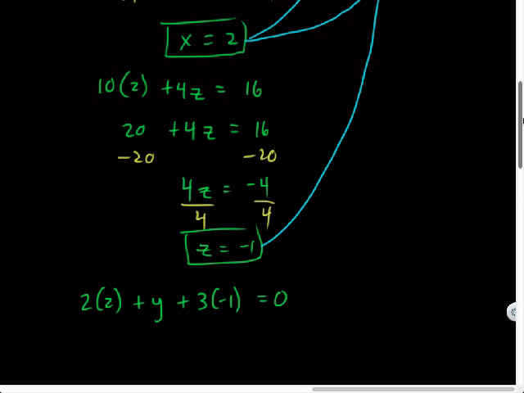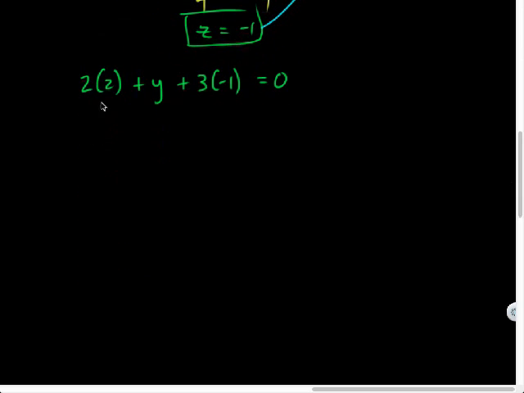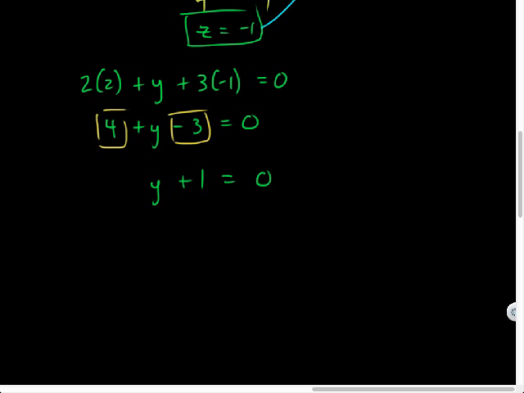I've replaced both the x and the z, leaving me with one equation with one variable. How great. 4 plus y minus 3 equals 0. I could combine those, I guess, if you want to think about it that way. It's all up to your own preference from here. Y plus 1 equals 0. We'll subtract 1.